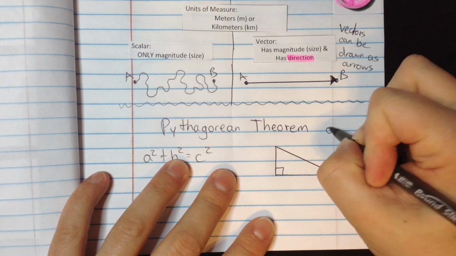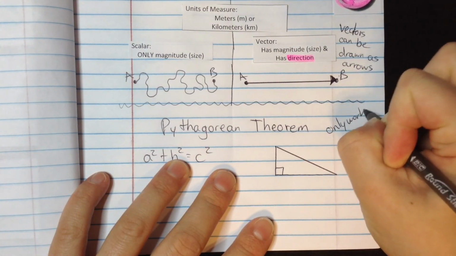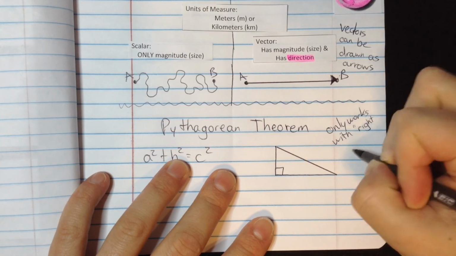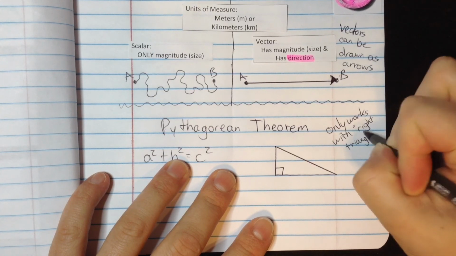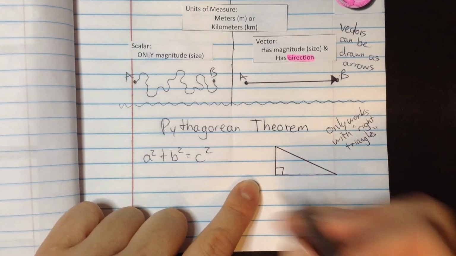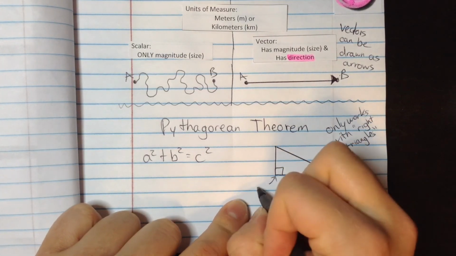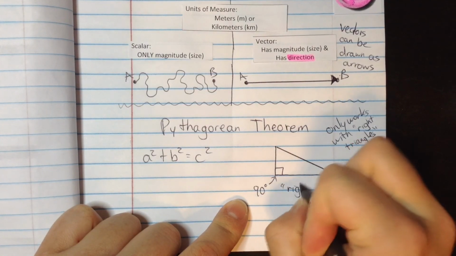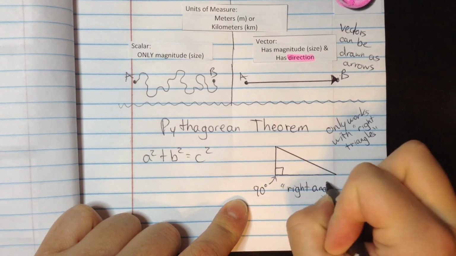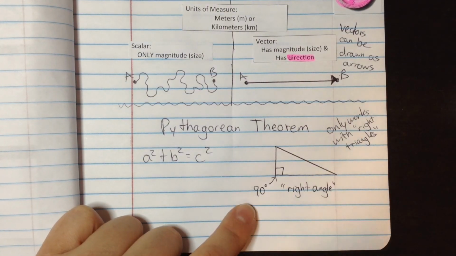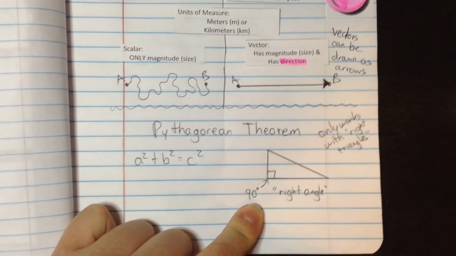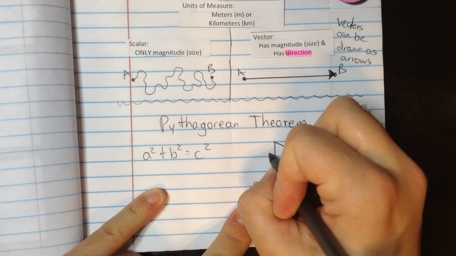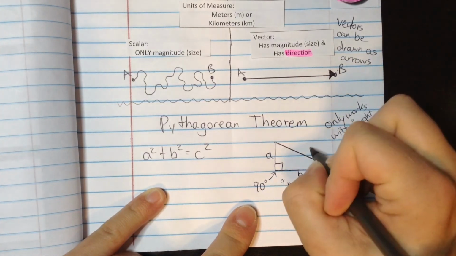It only works with right triangles. Well, what is a right triangle? That means that one of the angles has 90 degrees. It's called a right angle, therefore it's called a right triangle. These are referring to the sides of the triangle: side A, side B, and side C.